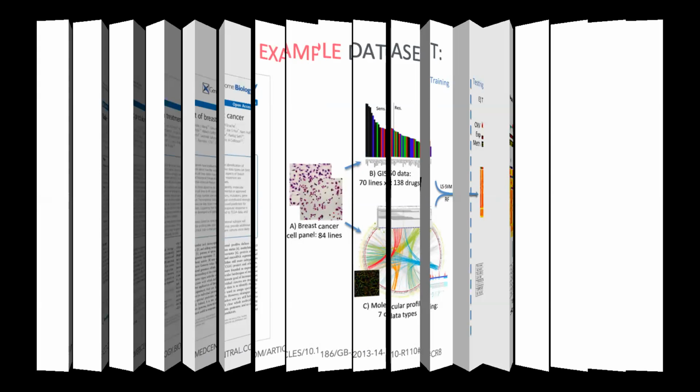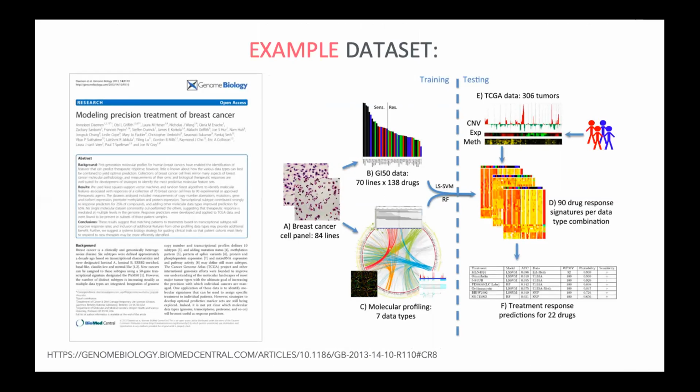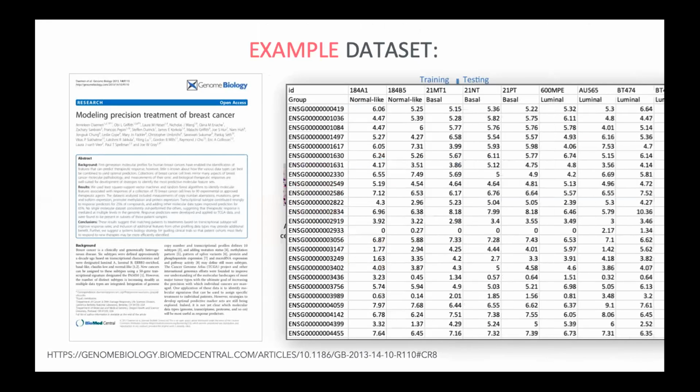As I said, we were looking into the data set. We looked into this publication with multiomics data and started our analyses using transcriptomics gene expression data. We looked at the 7,000 genes.